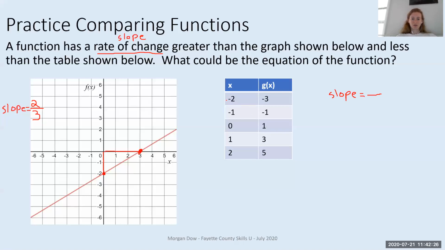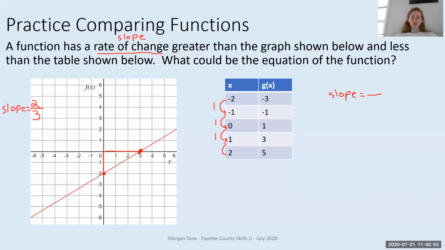So I'm going to start with my x values. Going from -2 to -1 is an increase of 1, right? You're going up by 1. Going from -1 to 0 is again an increase of 1. Going from 0 to 1 is an increase of 1.